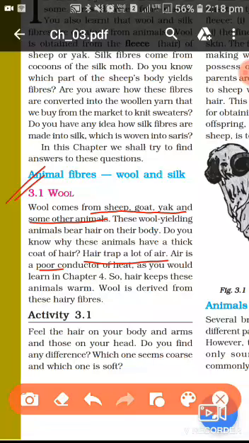For now, you have to remember that as air is a poor conductor of heat, it helps these animals keep warm. So the hair keeps these animals warm, right? Wool is derived from these hairy fibers. So we get wool from all these hairy fibers of the animals, correct?